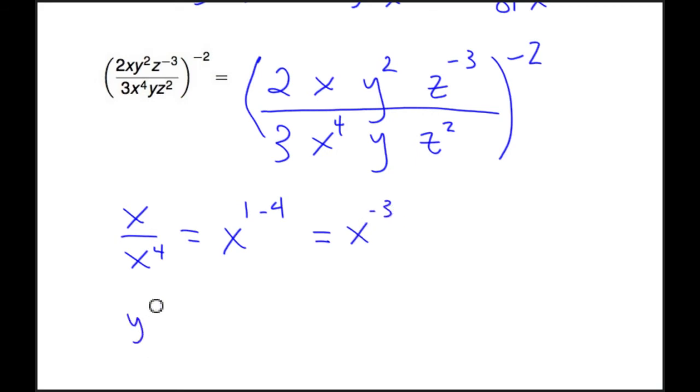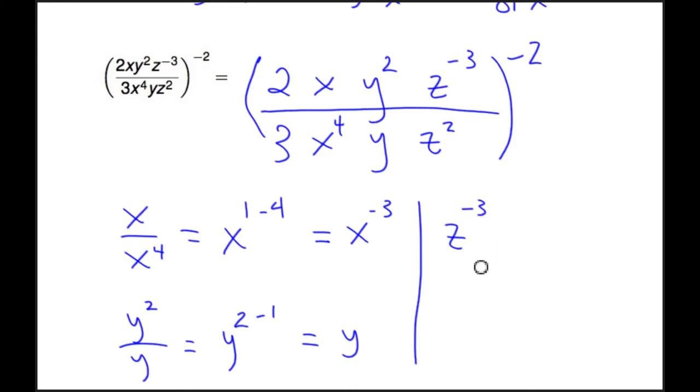Similarly, if we look at y squared divided by y, we subtract the exponents again, and this will be y to the 2 minus 1, or just a single copy of y. And z to the negative 3 divided by z squared will give us z to the negative 3 minus 2, or z to the negative 5.